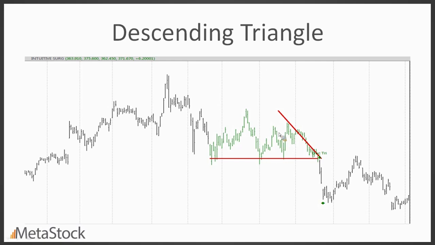So the bottom red line here of the descending triangle is essentially the support line. As you can see, it bounces a couple of times off of it, and we have kind of a downward trend. What we're looking for, as far as the confirmation is concerned, is the instrument to dive past this support level.